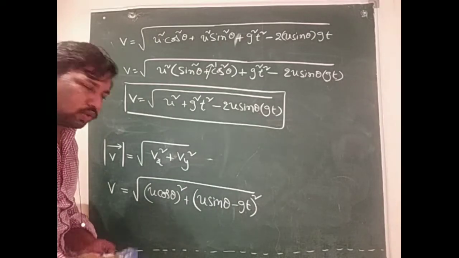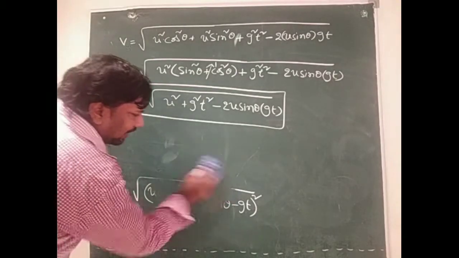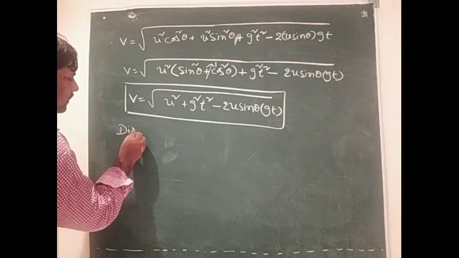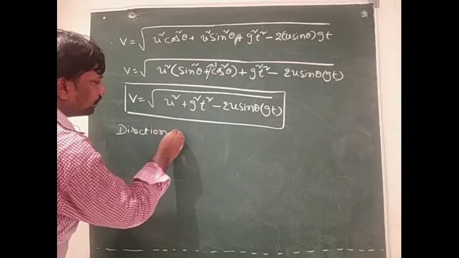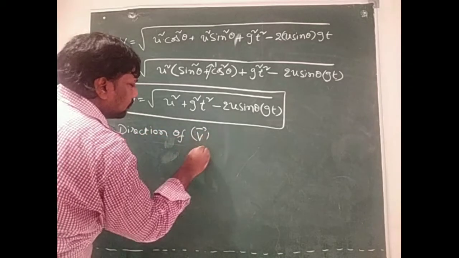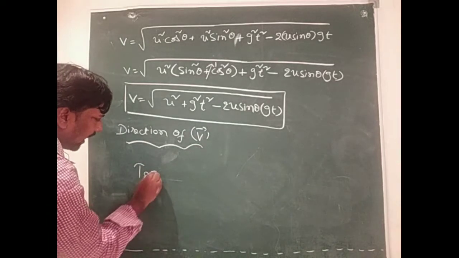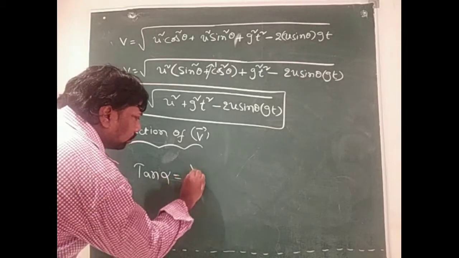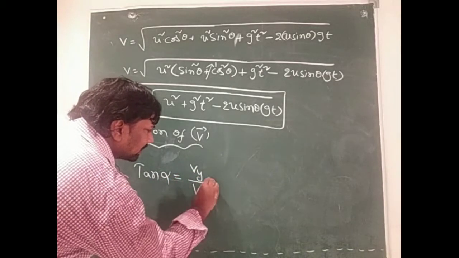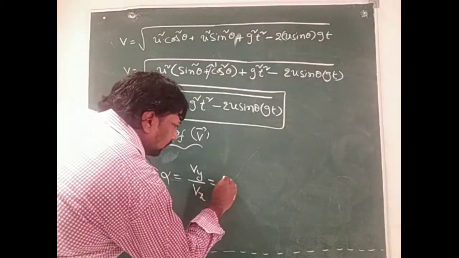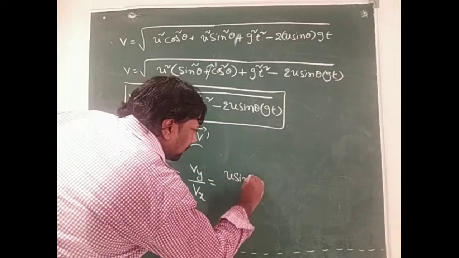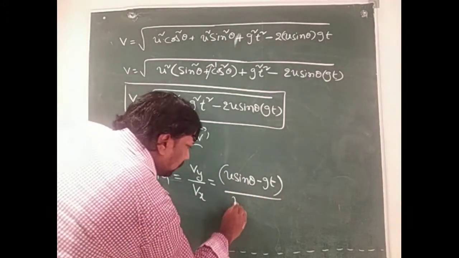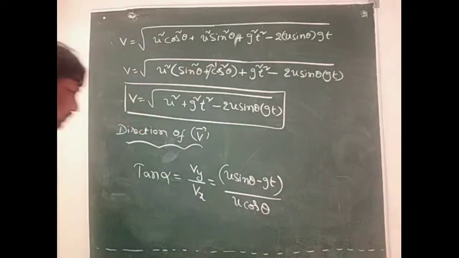Now we can find out the direction of v bar. So here the angle it is making with the x-axis is alpha, so tan alpha equal to vy by vx. Vy means u sin theta minus gt, by vx means u cos theta.